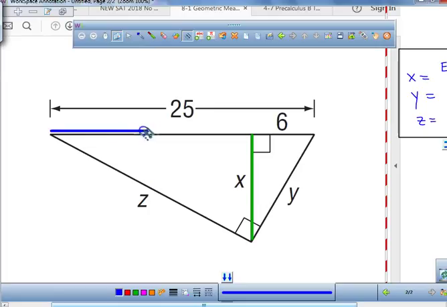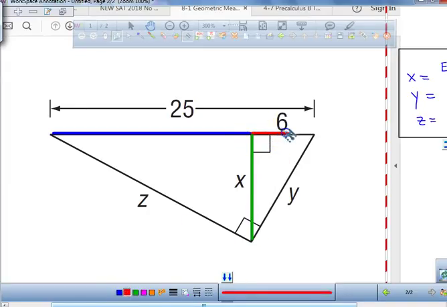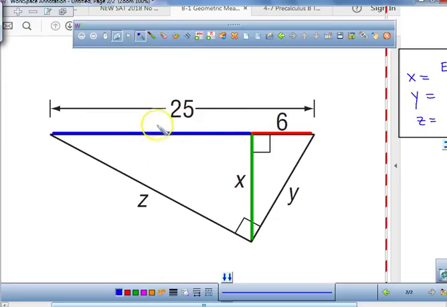Now there is a shortcut to be able to find that distance. So I'm going to break this into 3 different colors. The distance in blue is going to be 19, because 19 plus 6 is 25. The distance in red is 6.